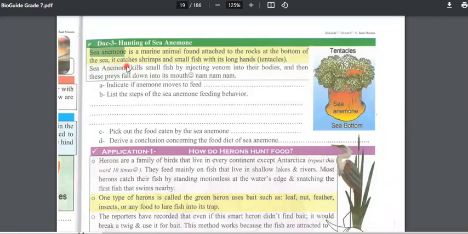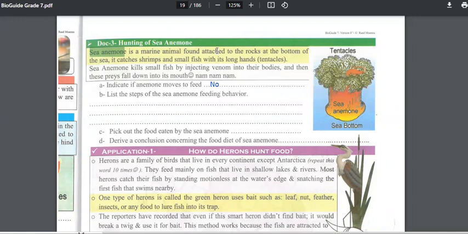Sorry, it catches shrimps and small fish with its long tentacles, which are the anemone's hands. The sea anemone kills the prey by injecting venom, poison, into their bodies, and then these prey fall down into the mouth, okay? Indicate if the sea anemone moves to feed. So as they said right here, they are attached to the rocks. So do they move? No, they don't. So no.